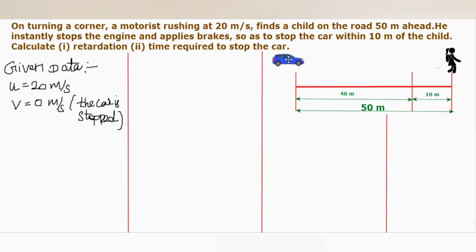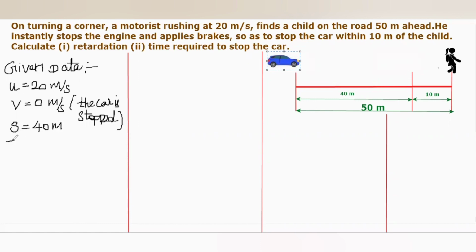That means 50 minus 10, which equals 40 meters. So these are all the given data.